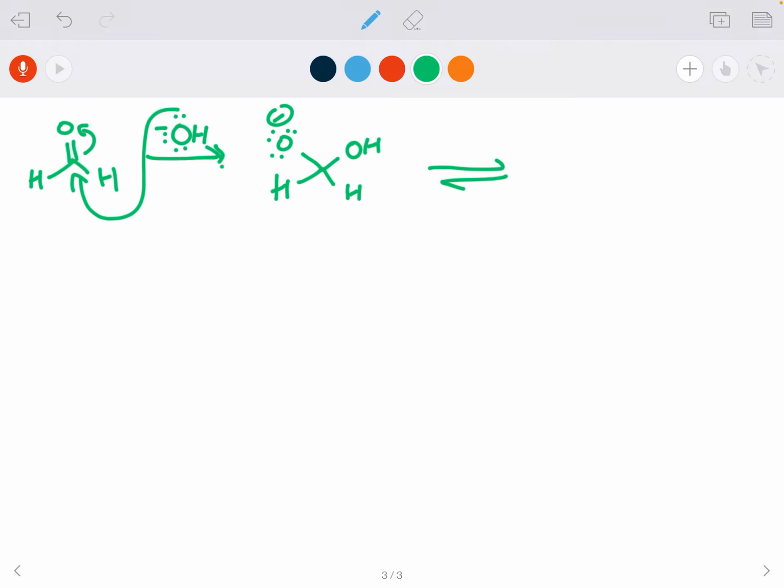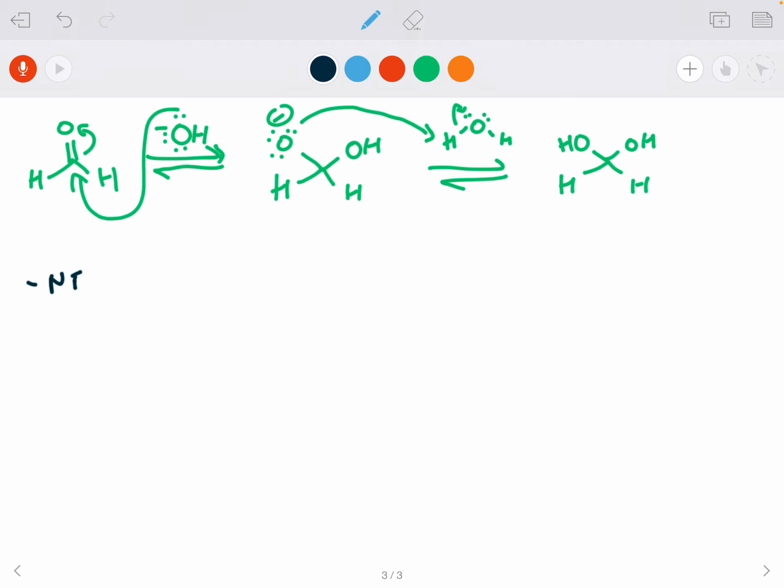Same thing with this step, it is in equilibrium. So water is amphiprotic, right? So this time it can act as an acid rather than acting as the base. And we get our hydrate.